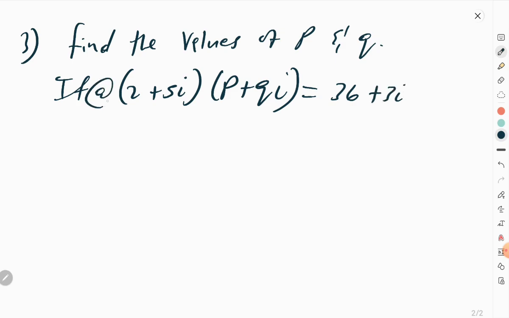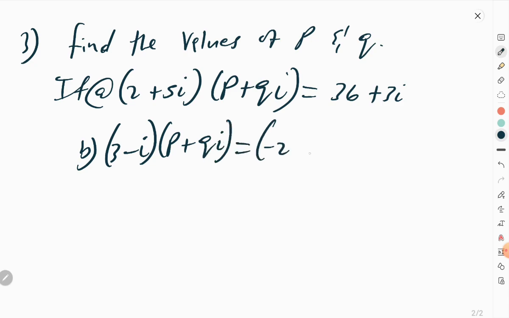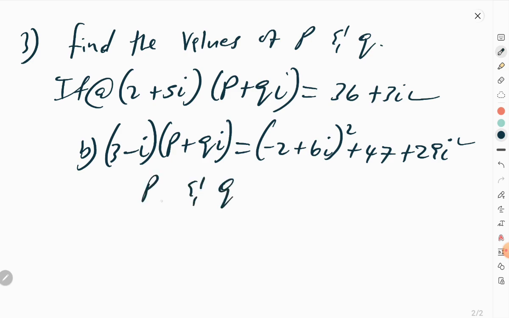And this is the first one. Then the second one, you can think of (3 - i)(p + qi) is equal to (-2 + 6i) squared, then plus 47, then plus 29i. So if you can just solve these two, applying the very same idea to find the value of p and the value of q.